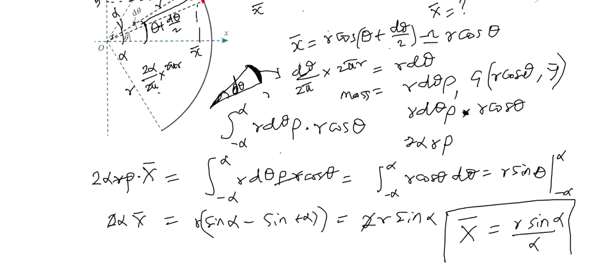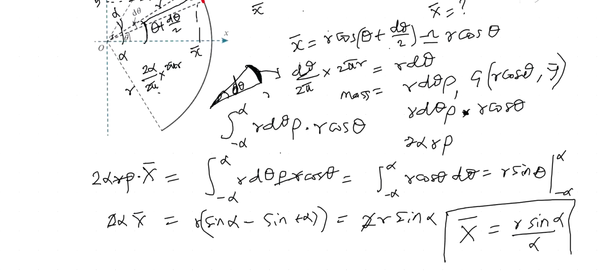And anywhere on the x-axis, y is equal to 0. That's the y coordinate. For that reason, y bar is 0. So there is no need to find y bar when we already know what it should be.